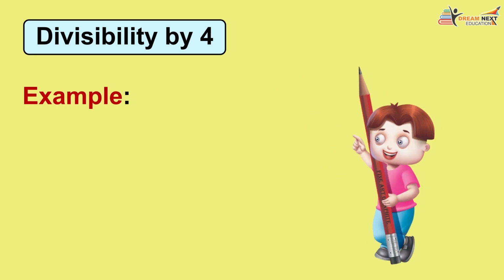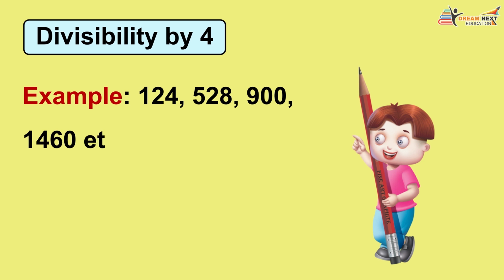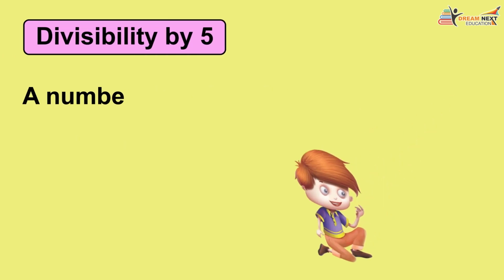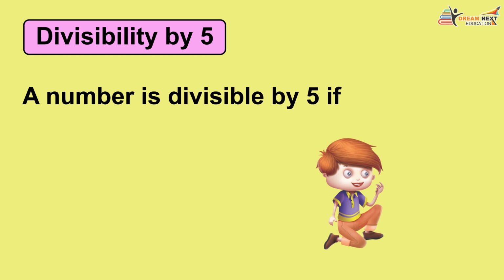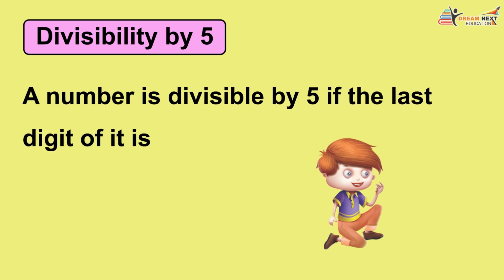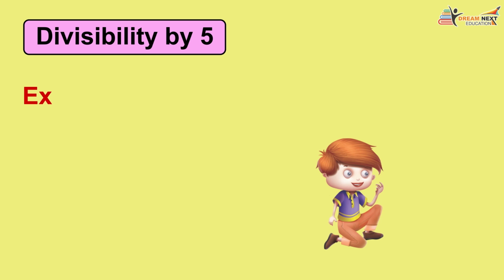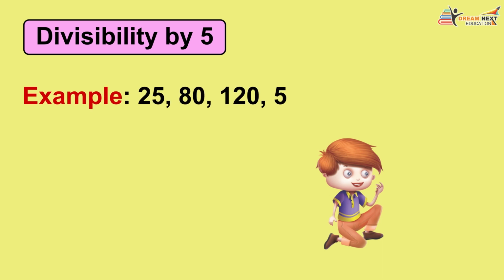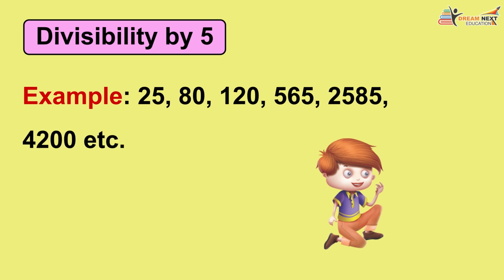Example: 124, 528, 900, 1460, etc. Divisibility by 5. A number is divisible by 5 if the last digit of it is 0 or 5. Example: 25, 80, 120, 565, 2585, 4200, etc.